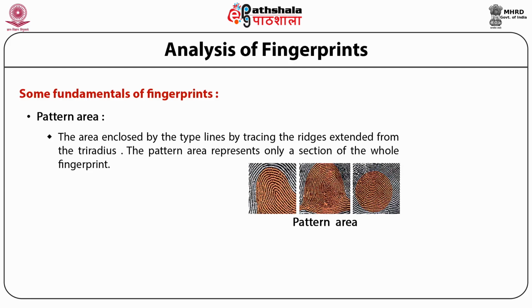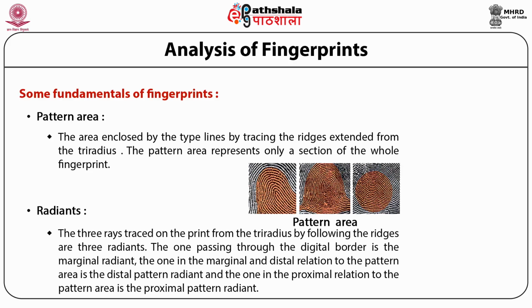The second fundamental of fingerprint is the radiant. The three rays traced on the print from the tri-radius by following the ridges are the three radiants. The three radiants are named according to their relation with the finger and with the pattern. The one passing through the digital border is the marginal radiant.